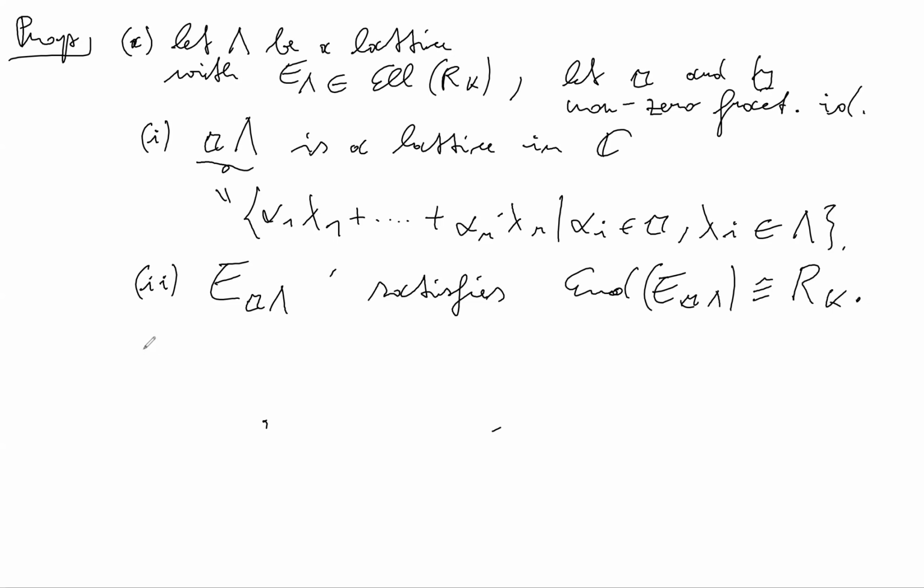Okay, so that's cool. If I act with A on this lattice, I don't change the endomorphism ring. That's why I said it's a group action, and it just keeps me in the same orbit. And it also turns out that E_{A lambda} is isomorphic to E_{B lambda} if and only if A and B are in the same ideal class.